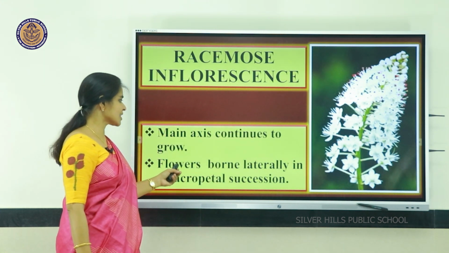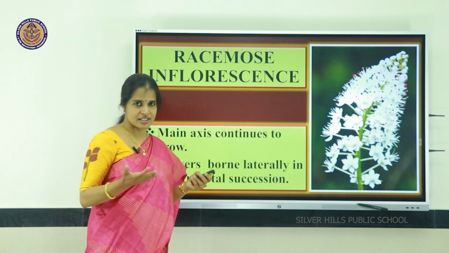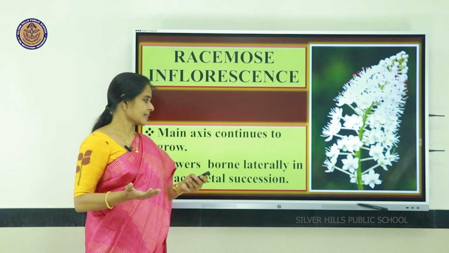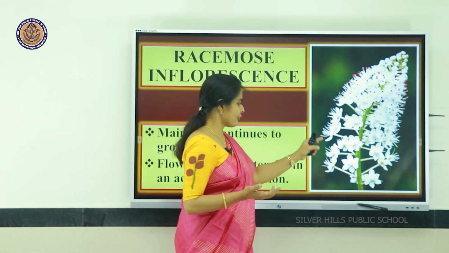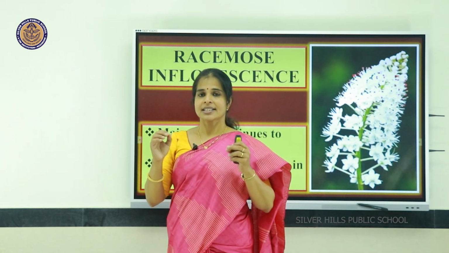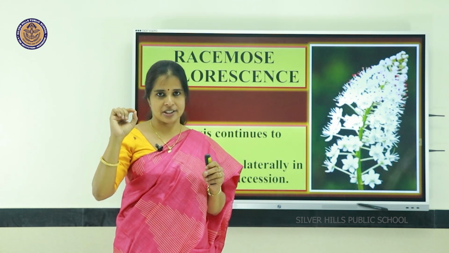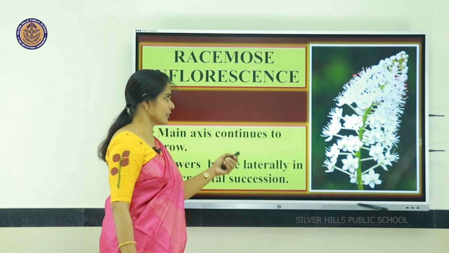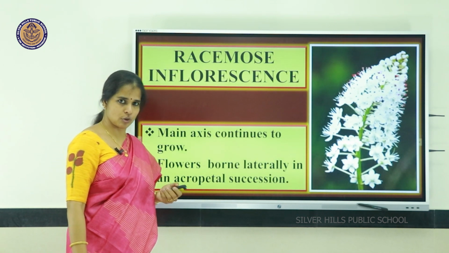That means flowers are borne laterally in an acropetal manner. Acropetal succession means the main axis is growing, the flowers are formed from the basal part of the main axis, and simultaneously the growing terminal part carries buds. So, this type of arrangement of flowers on a floral axis is known as racemose inflorescence.